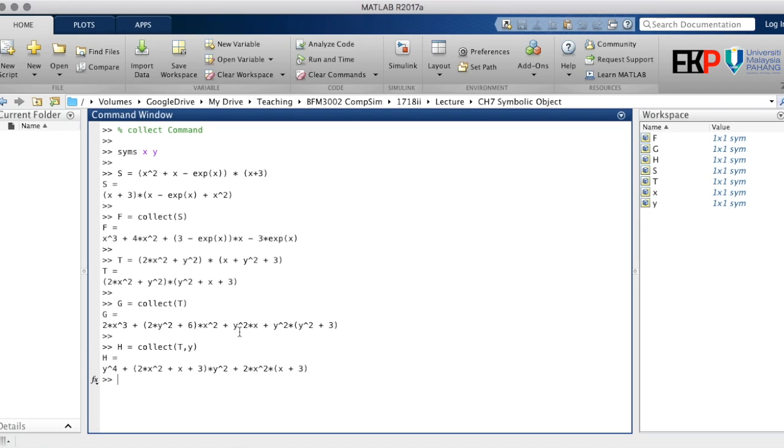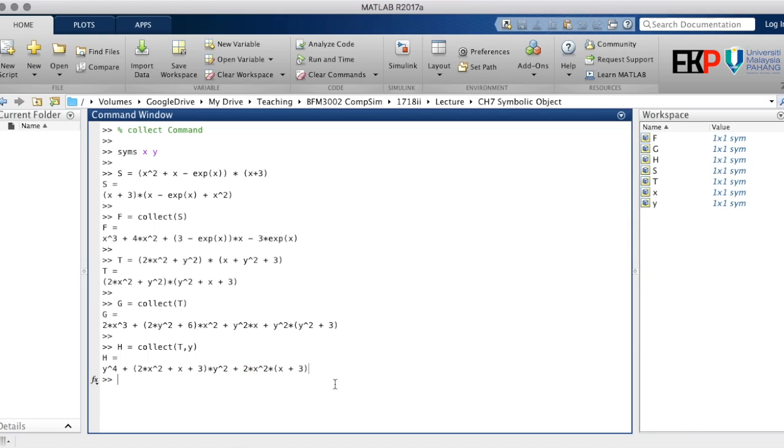So when we press enter, we see now it sorts the expression t, the original expression t up here, according to y with a decreasing order. So we have y to the power of 4 plus, these are the coefficients times y to the power of 2, the second highest order of y, and then in the end 2 times x squared plus x plus 3 without y.